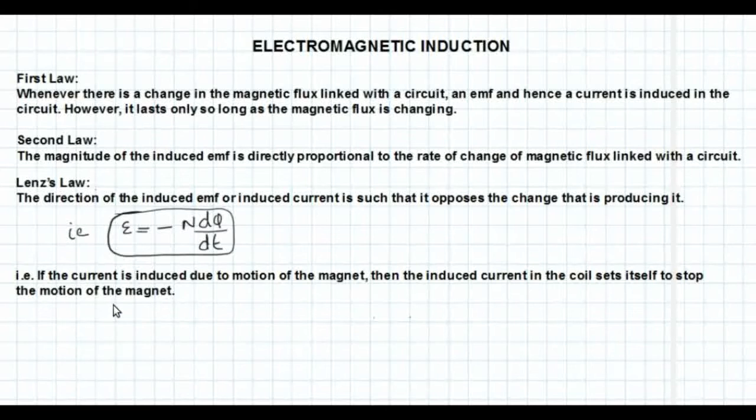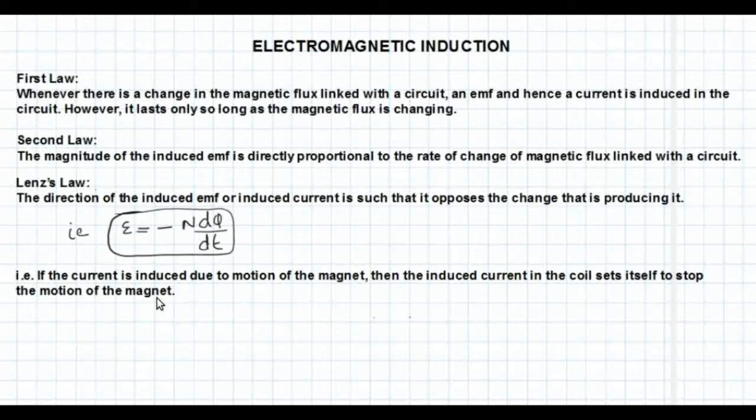That is, if the current is induced due to the motion of the magnet, then the induced current in the coil sets itself to stop the motion of the magnet. In the previous case we have seen that an EMF is induced, or there was a deflection in the galvanometer. So the direction of the induced current in the coil is such that it will stop the motion of the bar magnet.